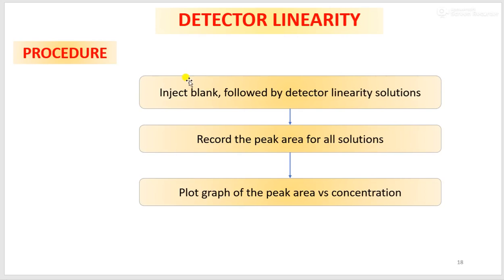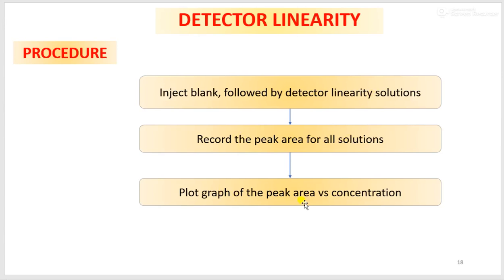Procedure: first inject the blank followed by all the solutions which are prepared, that is 10, 20, 30, 40, 50 ppm. Record the peak area for all the solutions and plot the graph of peak area versus concentration.